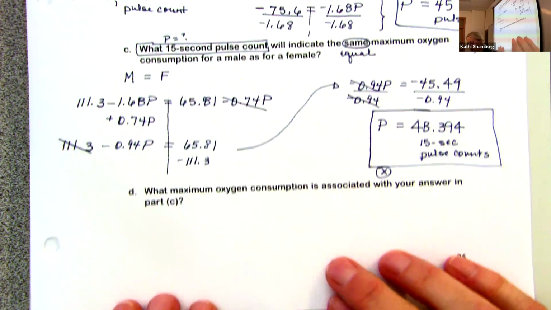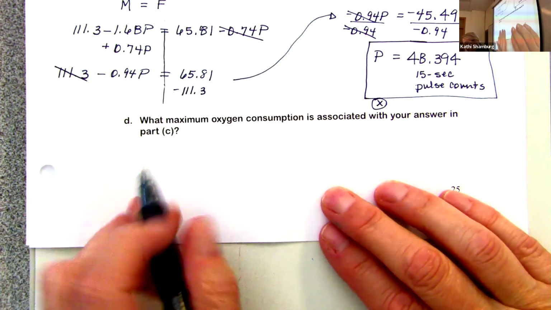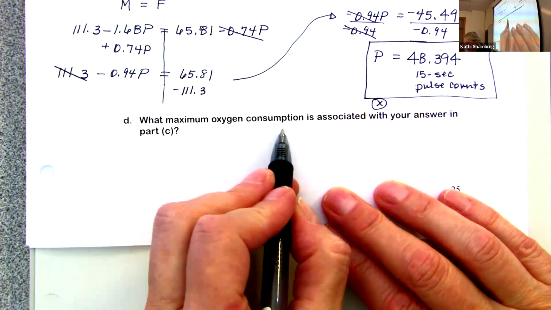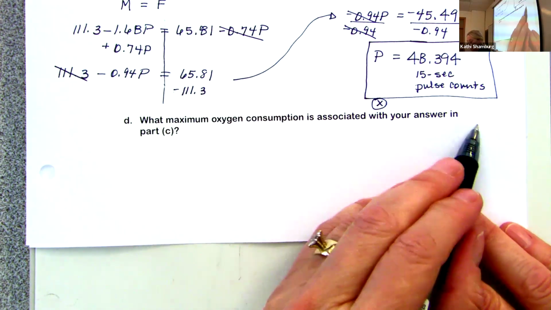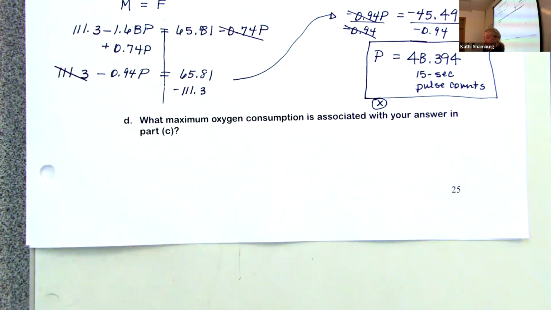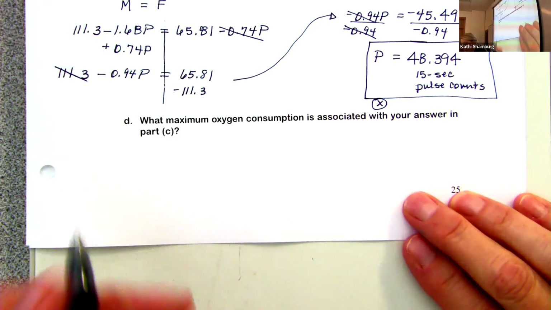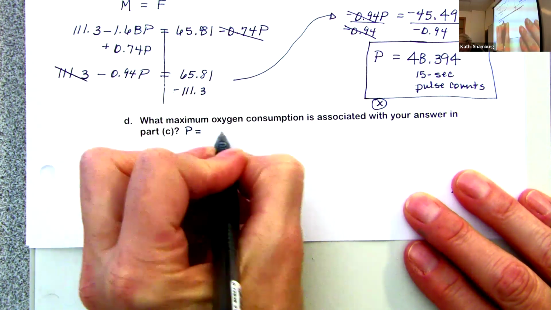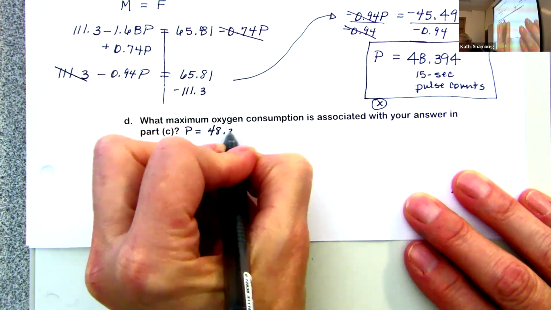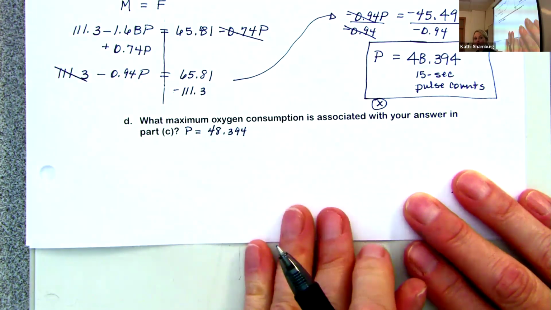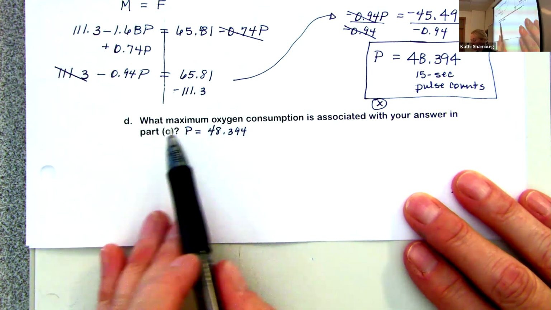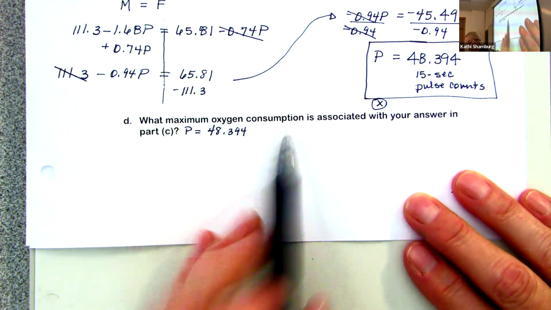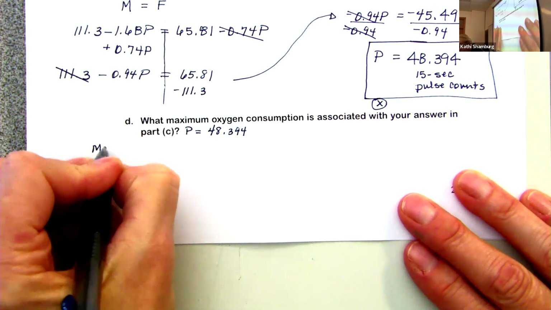Okay. All right, now part D. What maximum oxygen consumption is associated with your answer in part C? Okay, so in relationship to this question, had we not gone into the table, in part C, we were given P equals 48.394. So in part D, what is the maximum oxygen consumption for my male?